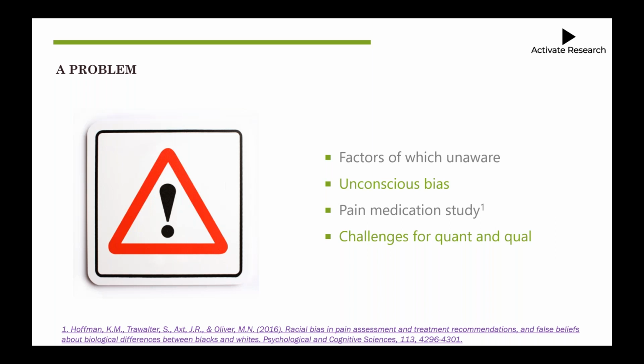So let's take qual first. In a typical qual scenario, we effectively hit a bit of a dead end here. There are many biases that people are aware of, such as risk aversion, that we can talk about, we can identify, we can read between the lines on.